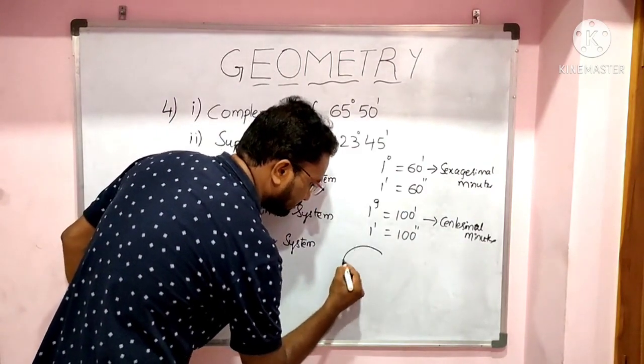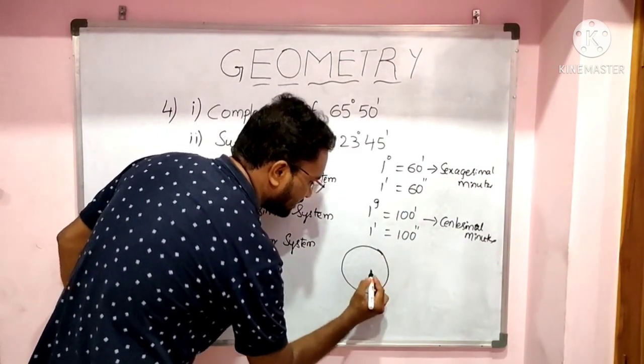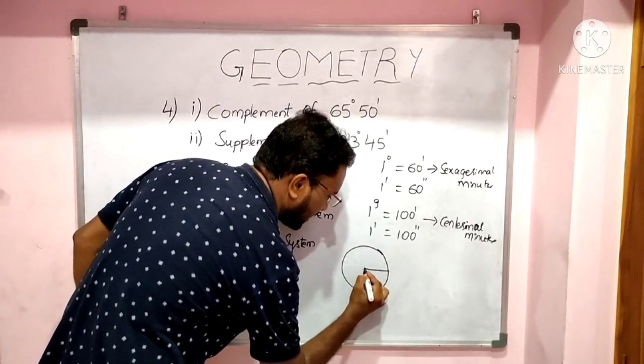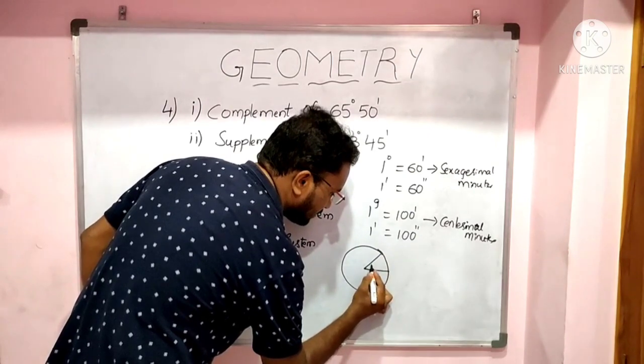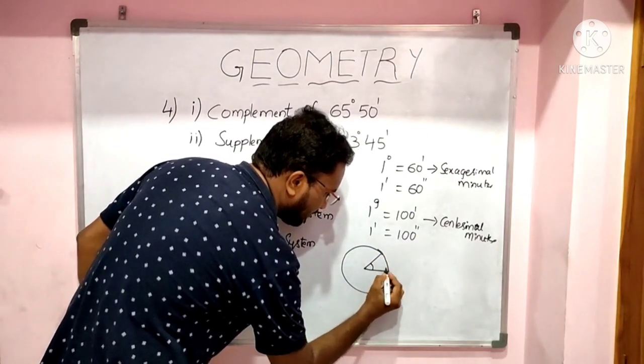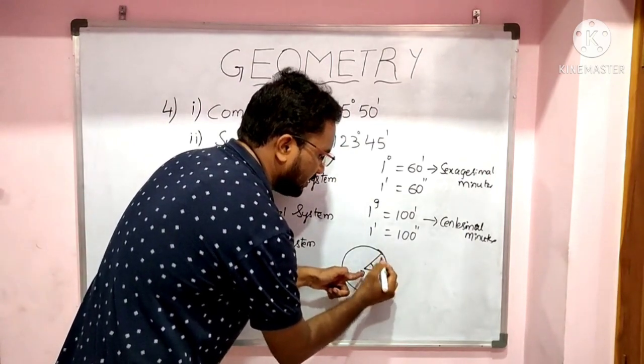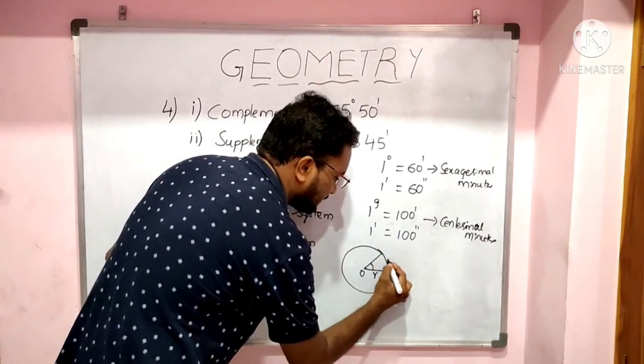Coming to the circular system. In the circular system, we represent angles in radians. 1 radian is the amount of rotation of this radius to any point on the circle such that the arc is equal to the radius of the circle.